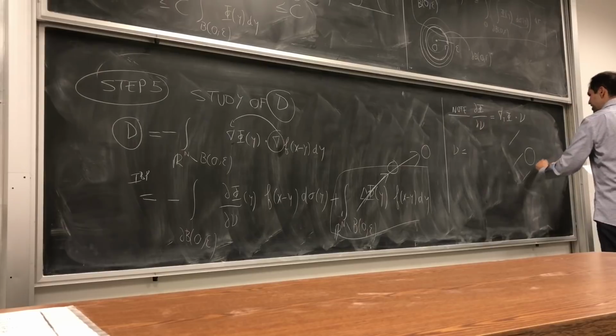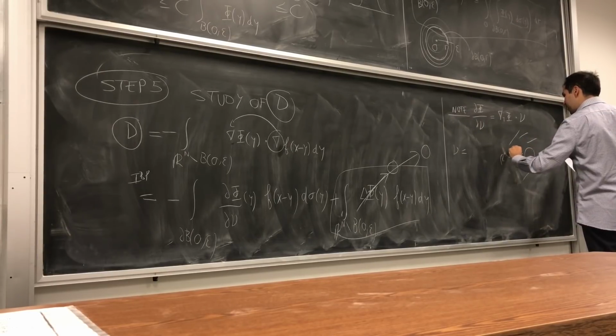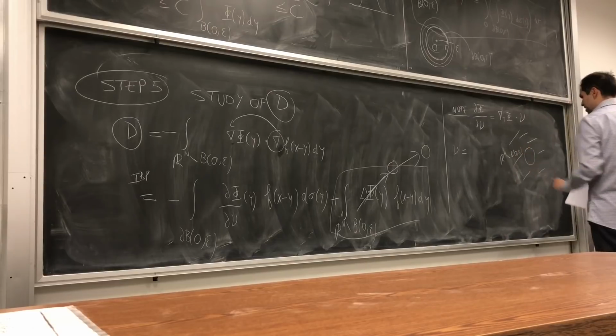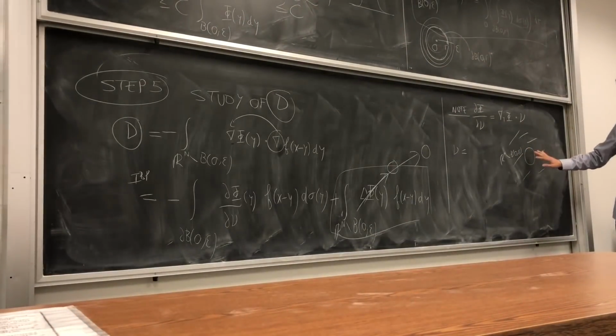So first of all here, we have our region, R^n without B(0, epsilon). Here's the important thing. Usually when you're on a ball, the exterior unit normal vector points this way.